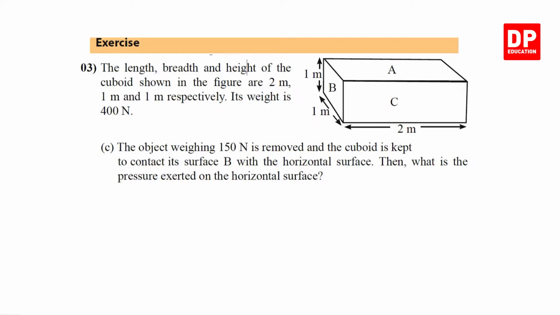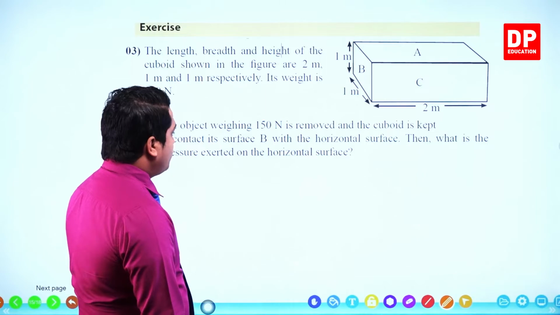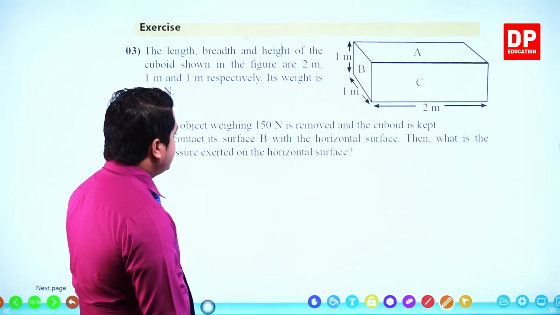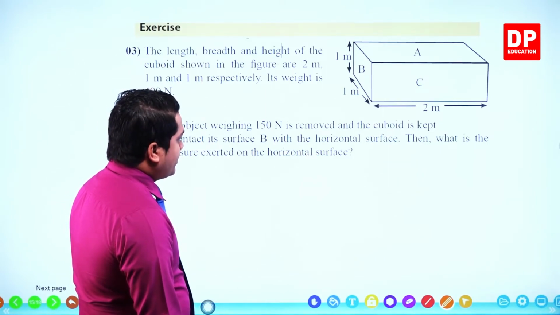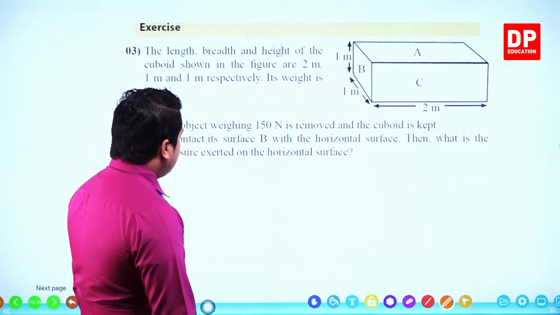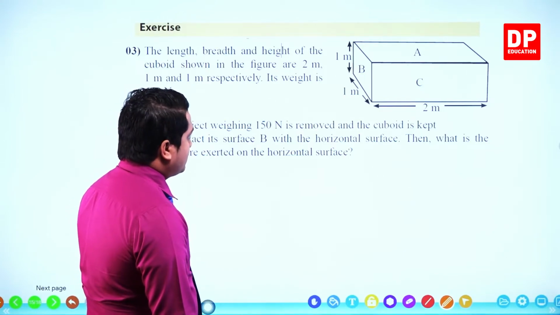Right, then the next question. The object weighing 150 Newton is removed and the cuboid is kept to contact its surface B with the horizontal surface. Then what is the pressure exerted on the horizontal surface?